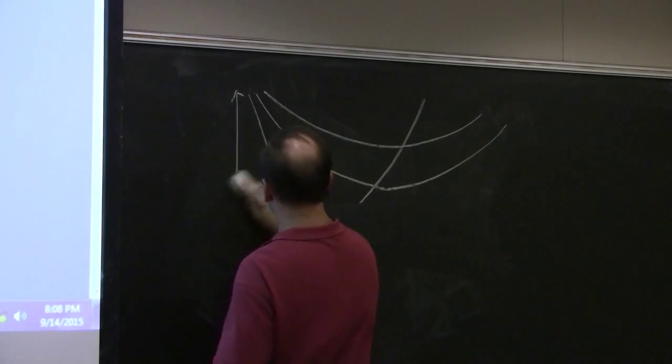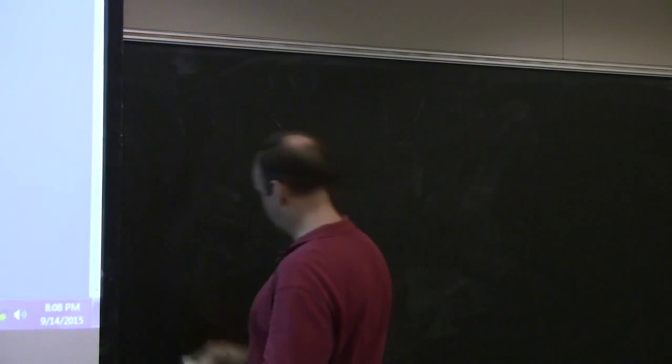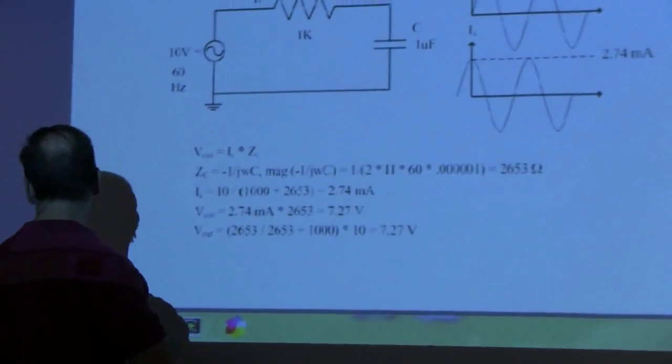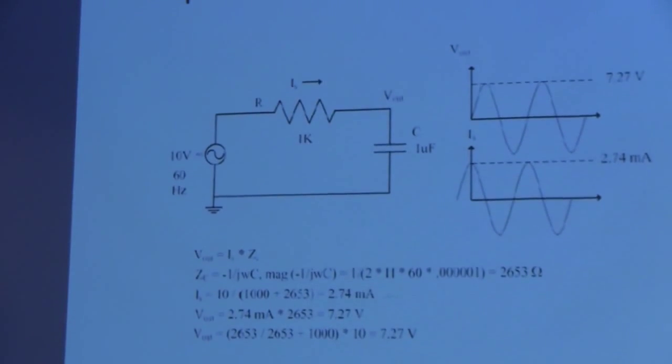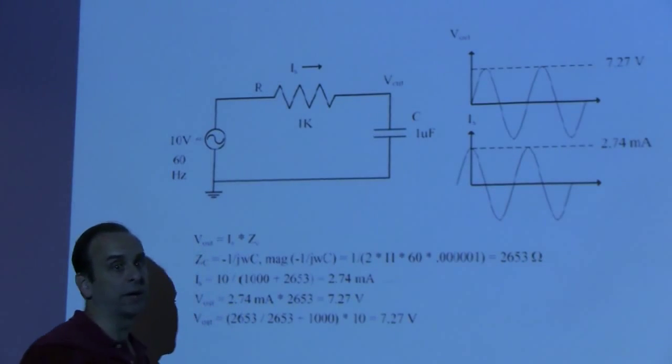Cool. Anything else? So you're filtering more than 60 hertz. Is that what I heard? Well, the point is, what you would do is you got to figure out, I mean, this is an artificial thing, right? Pretend this was not just a power supply. This was an input from something else. It was a signal that was coming from some circuitry over here. So I have to think about, okay, what frequency stuff do I care about?